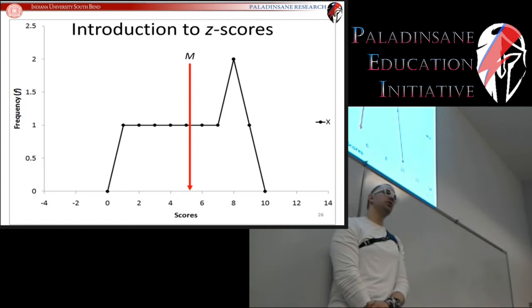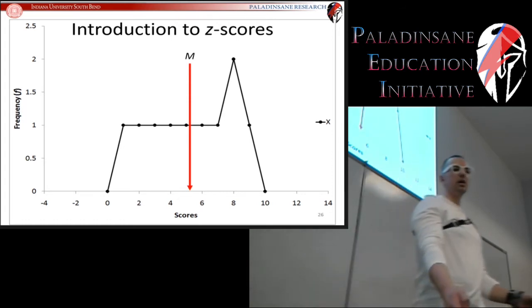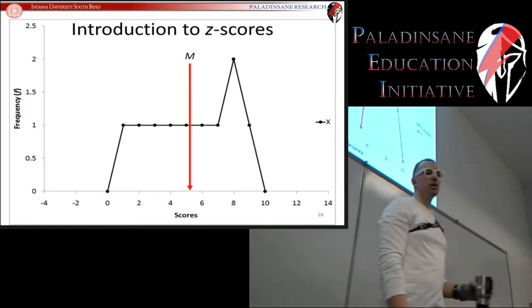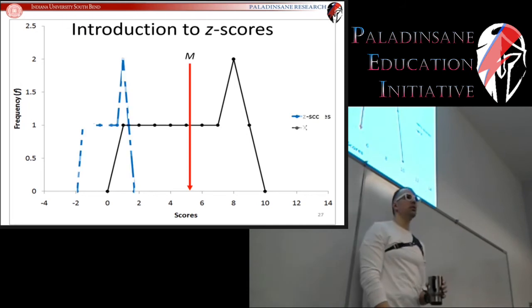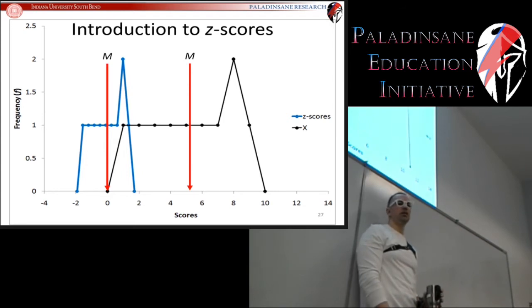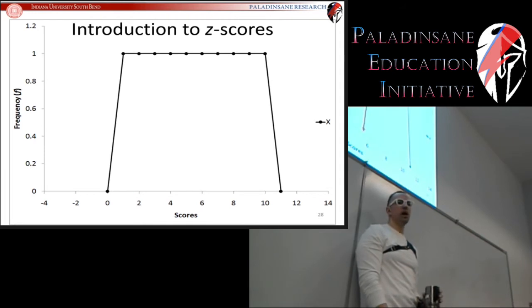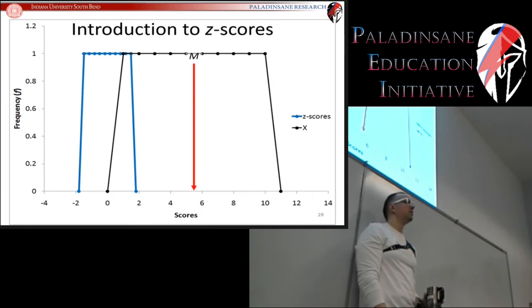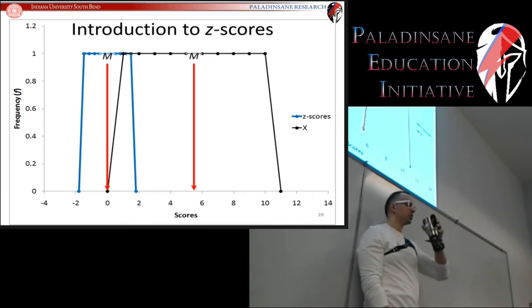If you transform those scores into z-scores, you will move that distribution so that it has a mean of 0, and you will squeeze it in this case so it has a standard deviation of 1. It doesn't matter what your distribution looks like, every single set of raw scores will have a mean and a standard deviation. Your z-score takes those raw scores and moves them so that the new mean is equal to 0 and your standard deviation is equal to 1.